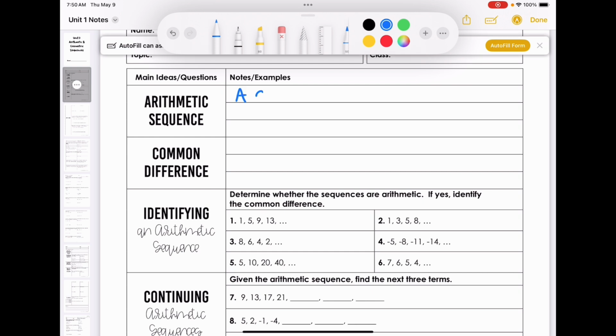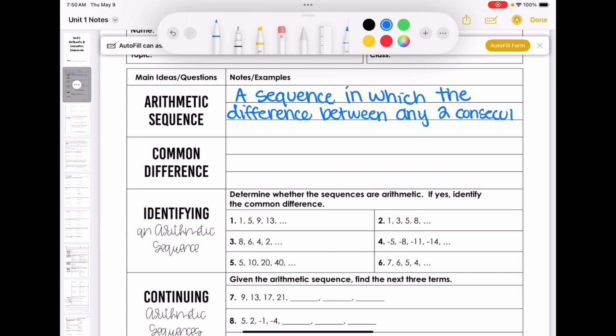It is a sequence in which the difference between any two consecutive numbers, or not numbers, terms, is constant. So a sequence in which the difference between any two consecutive terms is constant. That is an arithmetic sequence.